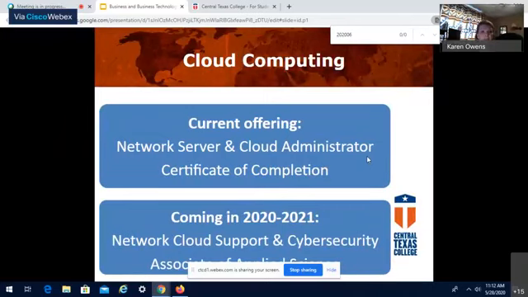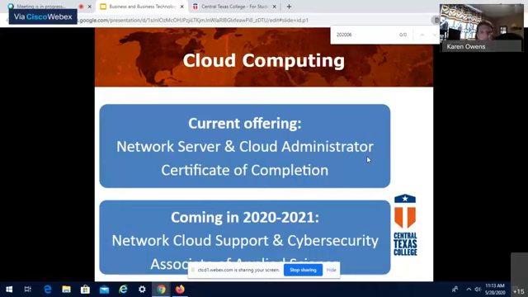Cloud computing is the on-demand availability of computer system resources, especially data storage and computing power. Just like we're talking now, your feed is pretty much running smoothly.